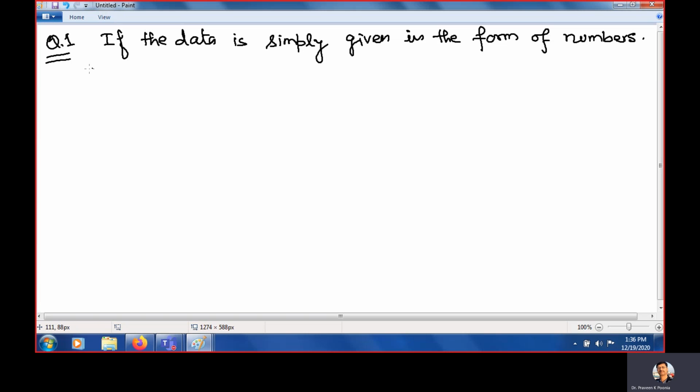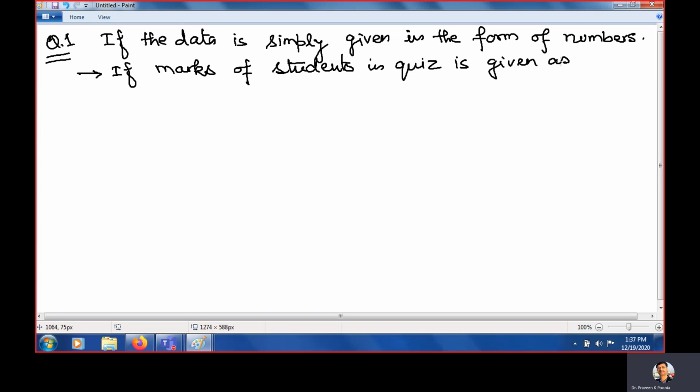And what is the question? If marks of a student in a quiz are given as 1, 5, 7, 7, 6, 8, 10, 9, 5, 10, 8.